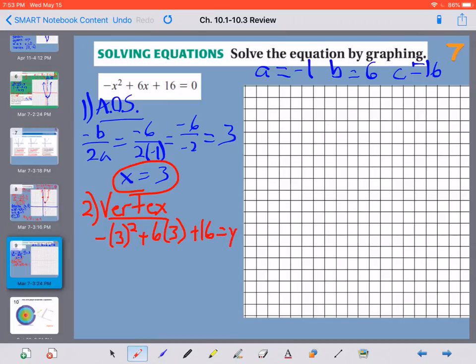Three squared is 9, but then that negative makes it a negative 9. 6 times 3 is 18, plus 16 equals y. Now negative 9 plus 18 is going to give us a positive 9. 9 plus 16 is going to give us 25. So in this case, y equals 25. Our vertex is at (3, 25).